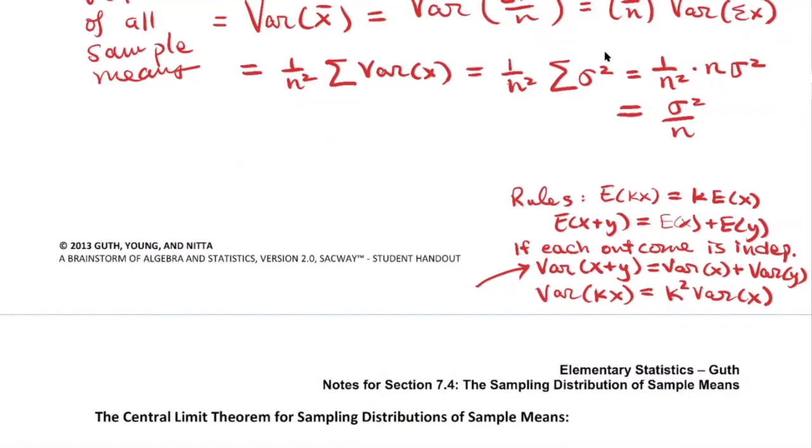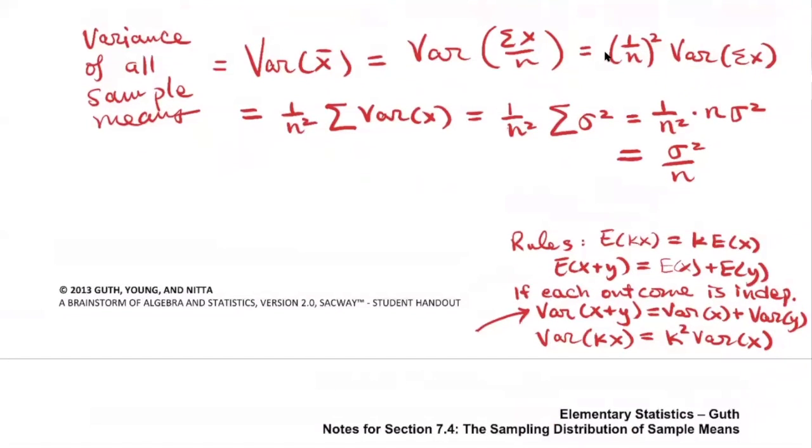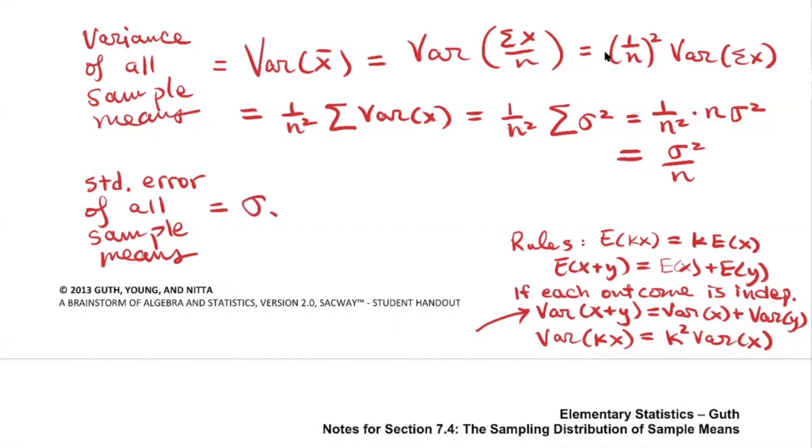Now, variance is only important really so that we can get the standard deviation. So the variance of sample means is the square of the standard deviation. So let's do this: the standard deviation, or error, of all sample means, the symbol is sigma x bar.